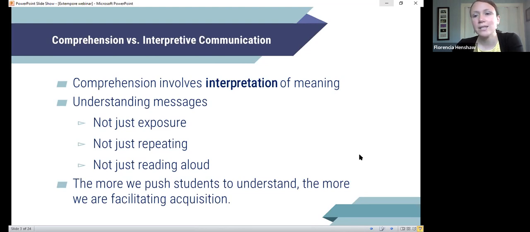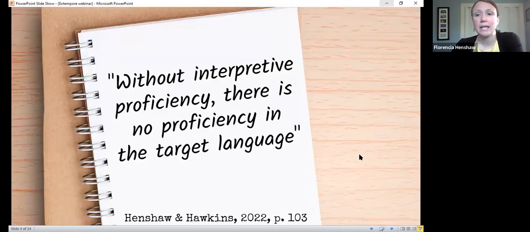And why is it so important? Because the more we push students to understand language, the more we are facilitating acquisition. As we all know, input and comprehensible input, understanding language is necessary for acquisition. This is why in our own book, Maris and I say that without interpretive proficiency, there is no proficiency in the target language.